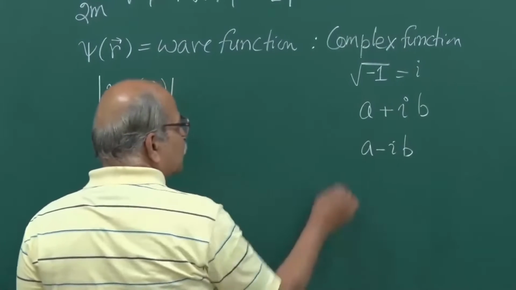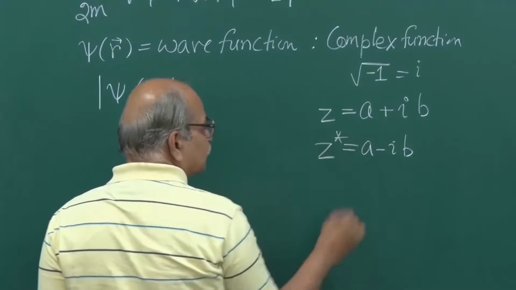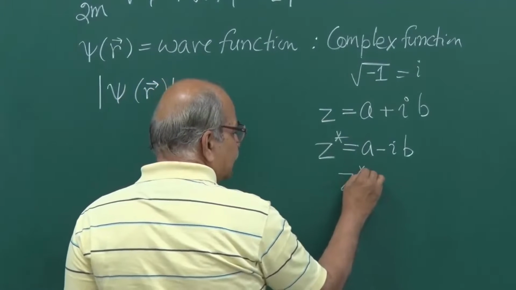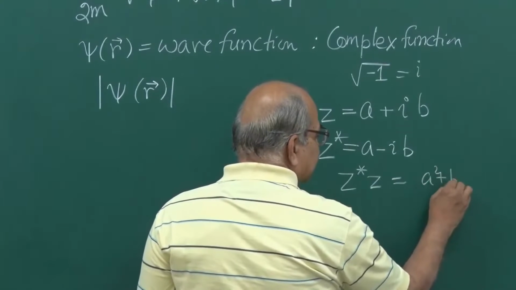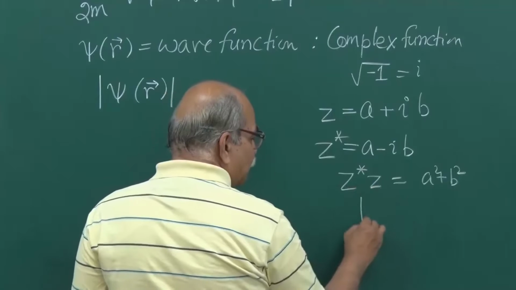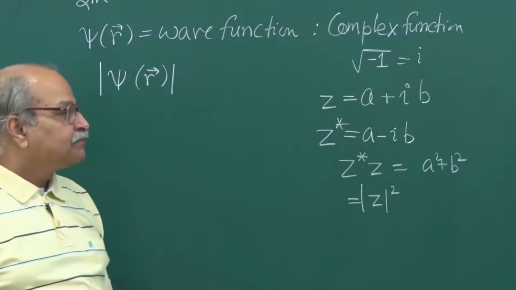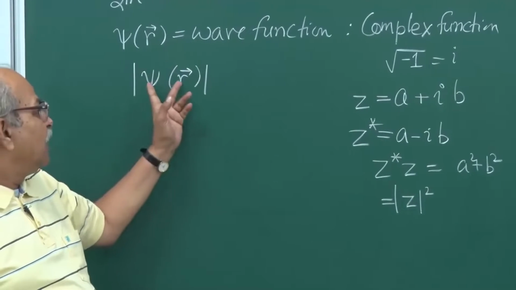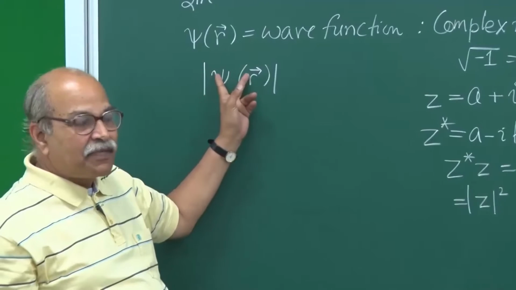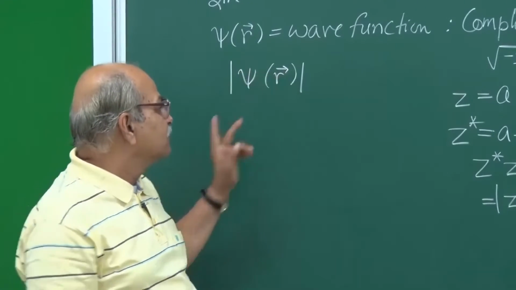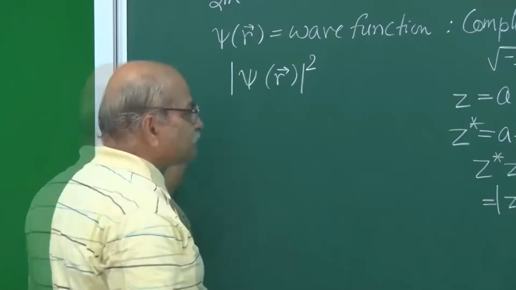If this thing is Z, the conjugate is written as Z star, and Z star into Z will be A square plus B square, and this is known as mod Z square. So it is essentially the same thing. If you have this psi, it could be complex, take the complex conjugate, multiply by it, and this whole thing is mod square of psi(r).